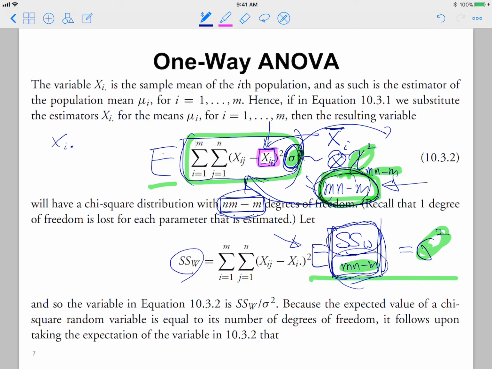We move this term to the denominator on the left-hand side, and then its expectation is the true variance value, the parameter for the variance. So far the story was that this measure, called SSW, gives an estimate for our variance value of sigma squared.